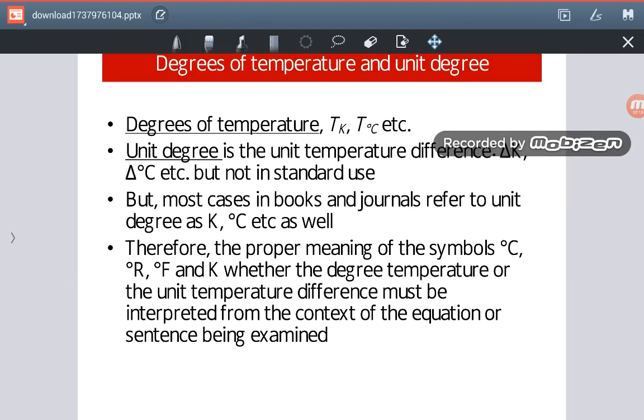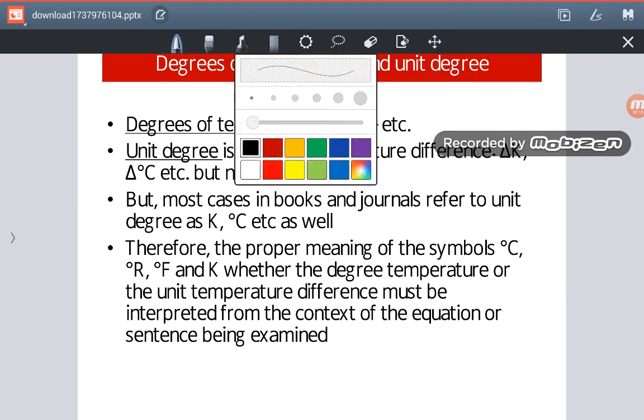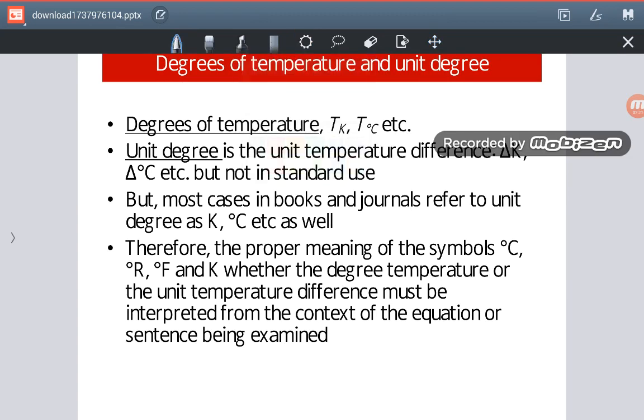So now I would like to explain a little bit more about the degree of temperature and the unit degree. These are two things: the degree of temperature and the unit degree, or normally just called the temperature difference, are two different things that you normally will find in any kind of problems related to temperature.